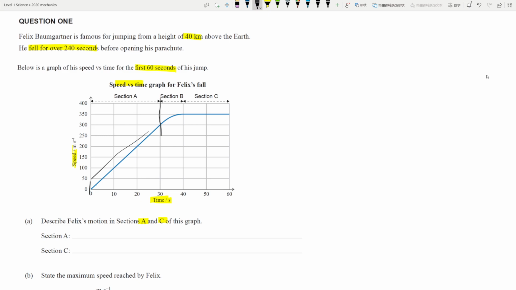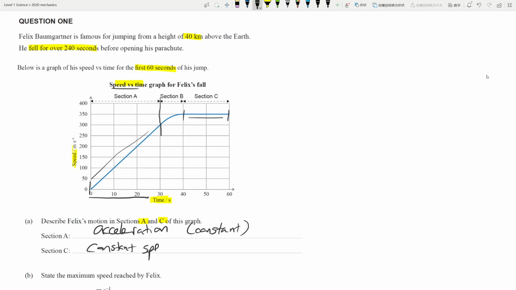When you have a straight line for a speed time graph, this is showing acceleration. You can say constant acceleration. That's fine as well, because the speed is increasing. As you can see, as time goes by, speed is increasing. So that's acceleration. Section C is a flat line, and for a speed time graph, this is constant speed.